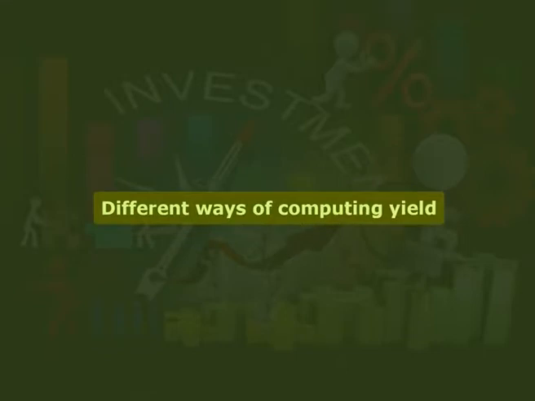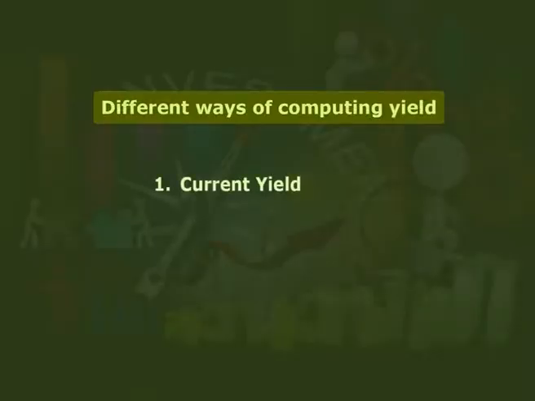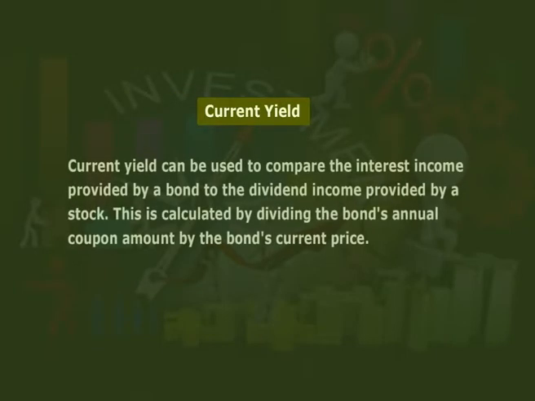Different ways of computing yield. Bond yields are nothing but a measure of return. The most commonly used measure is yield to maturity. But it is important to understand the different yield measurements that are used in different practices. Firstly, current yield. Current yield can be used to compare the interest income provided by a bond to the dividend income provided by a stock.